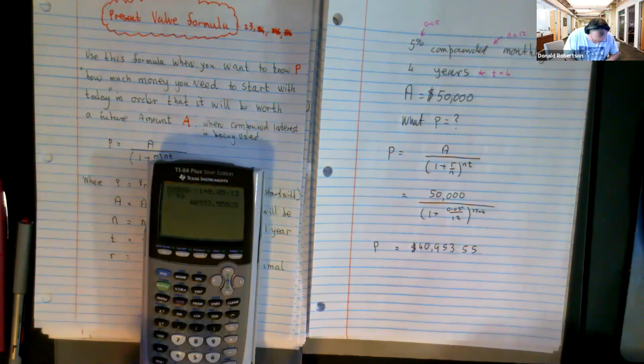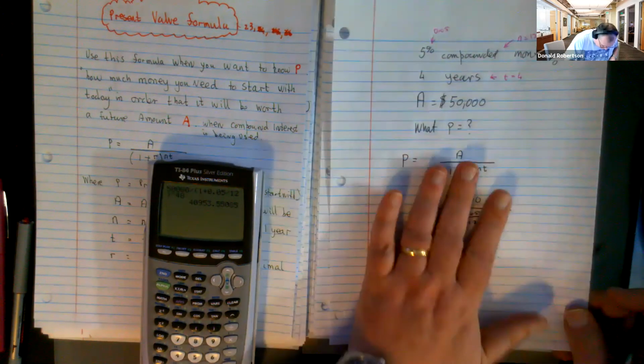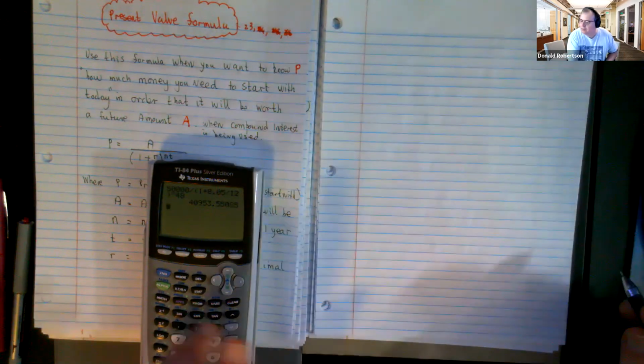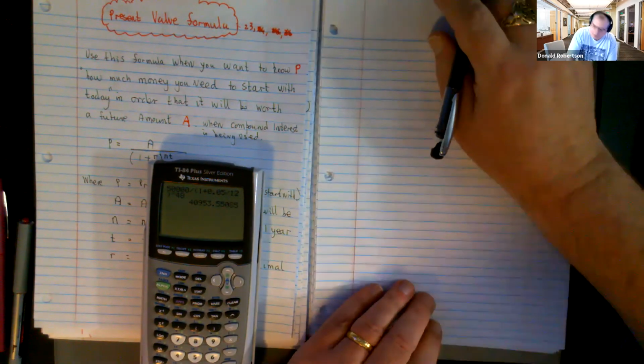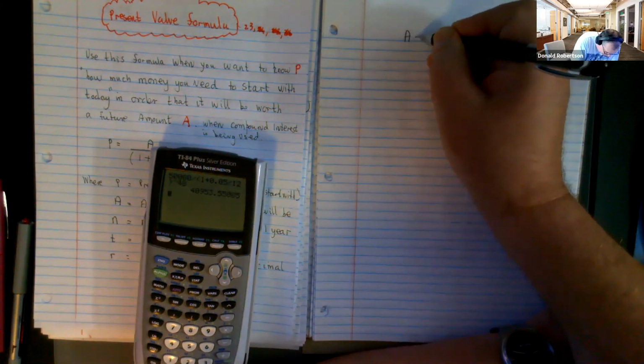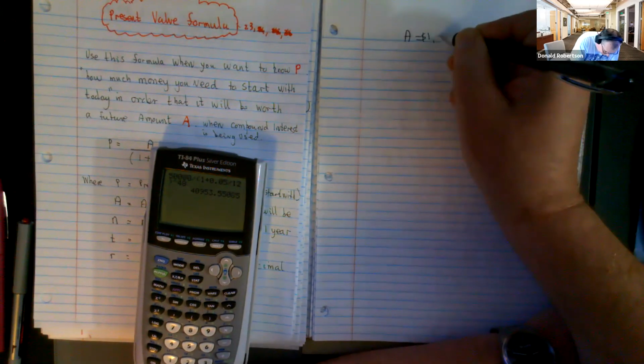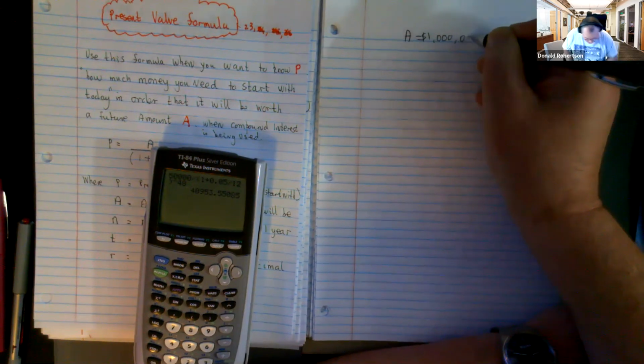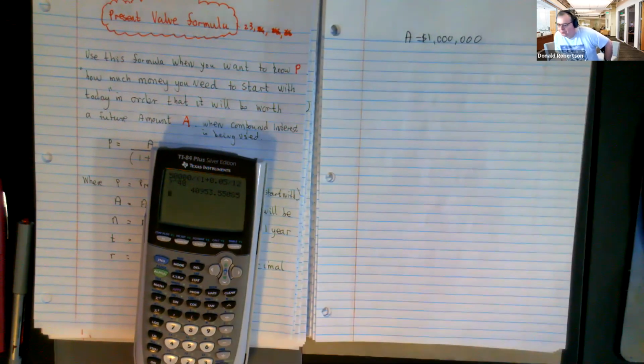Right. I think for this next question using this, we should do a fun one. I want to be a millionaire. I think we all want to be a millionaire. So I want to have $1 million. And I'm going to pretend I'm 18. I'm definitely not 18.